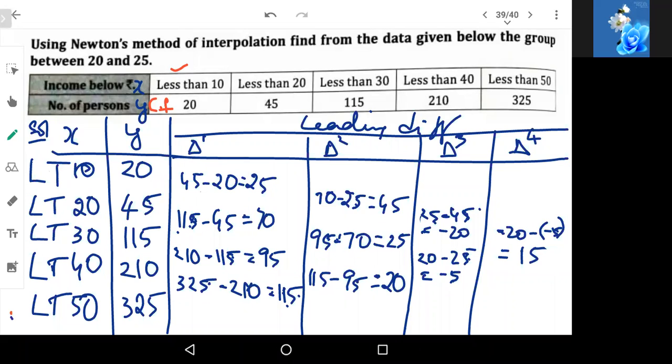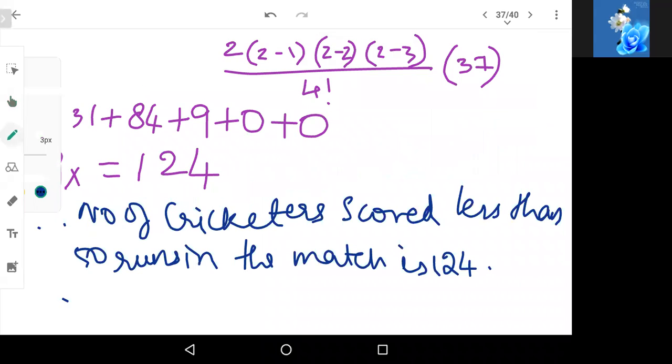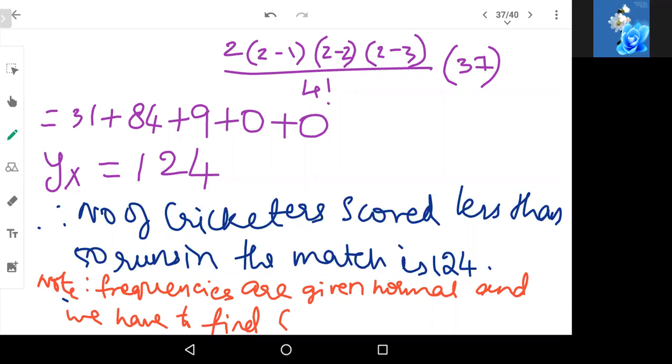Now the only change in such problems that you have to understand is in writing down the data. In the previous problem the data is written as it is, but in problems of this sort we will be adding the frequencies. So you can write a note in the previous problem we solved saying: frequencies are given normal and we have to find the cumulative frequency.